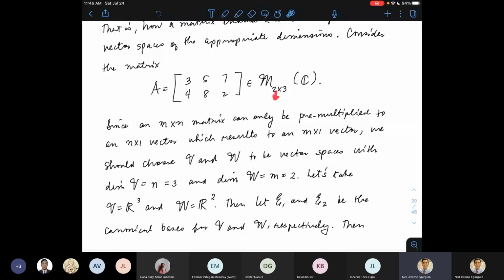So here, this is our m, this is our n. We said that the domain should comprise n by 1 vectors, so we choose the dimension of the domain vector space to be equal to 3. So the number of columns always represents the dimension of the domain.